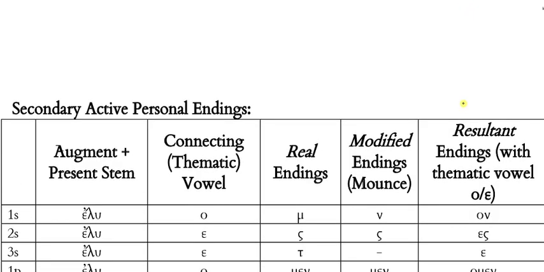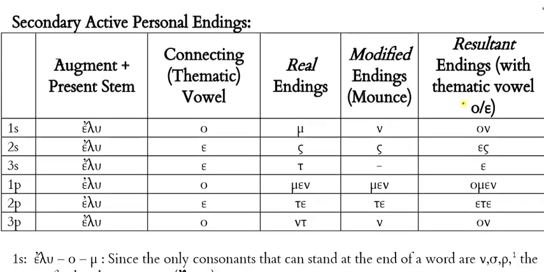Okay, so let's take a look here at the formation itself and how we'll actually see it all showing up here. First of all, you're going to see the augment plus the present stem here. So I've got all of those in your chart, the appropriate connecting vowels, and then over here are the real personal endings. Now remember, we learned the real personal endings for the present: mi, s, ti, men, te, nti.